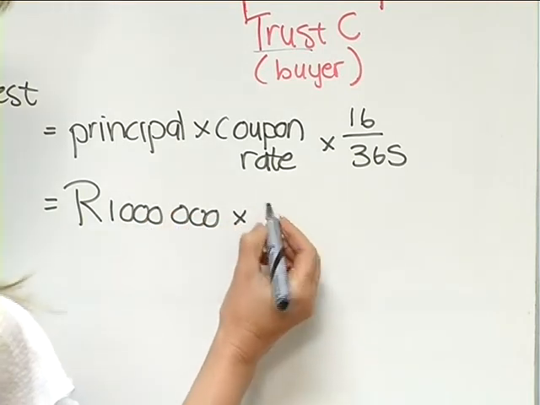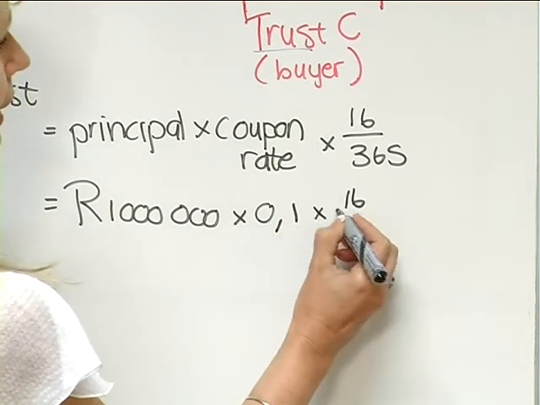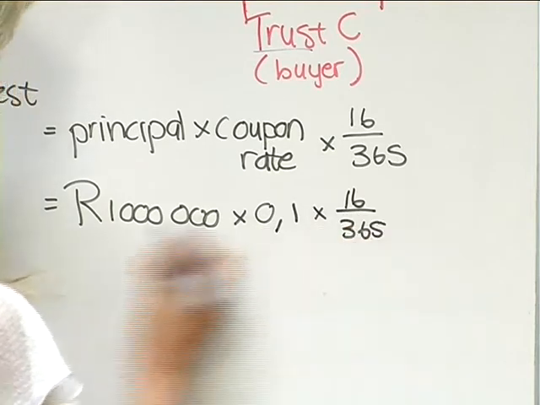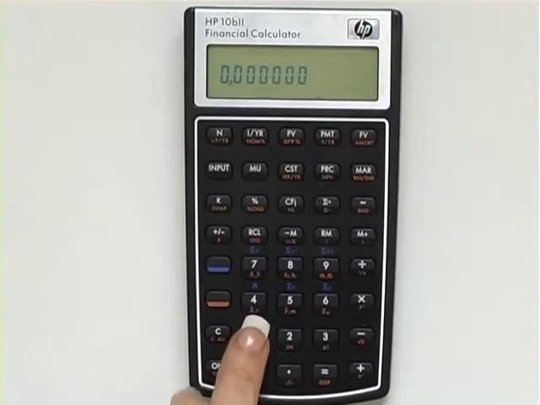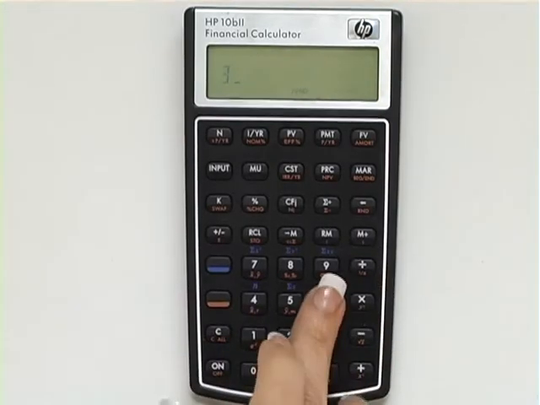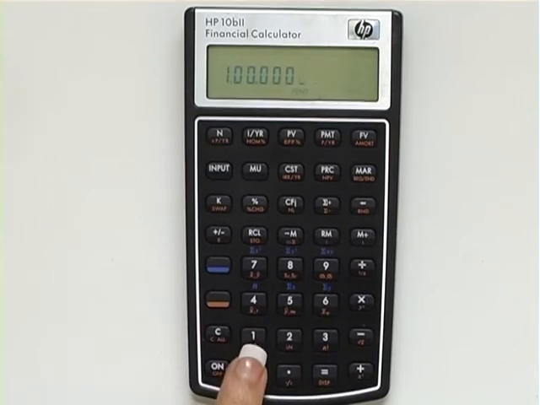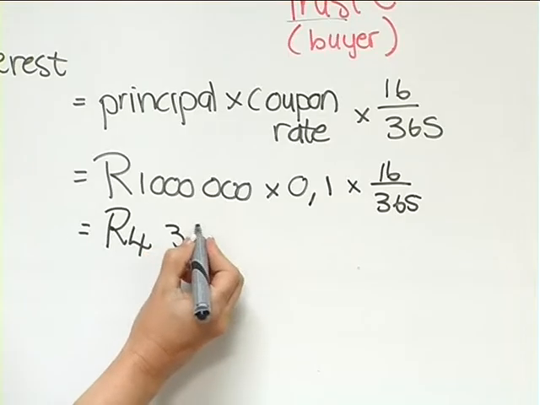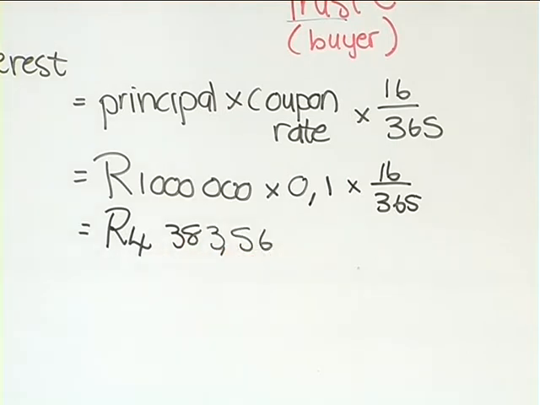The coupon rate remains 10% or 0.1 times 16 divided by 365. We do that calculation: 16 divided by 365 times 0.1 times 1 million gives you 4,383 rand and 56 cents.